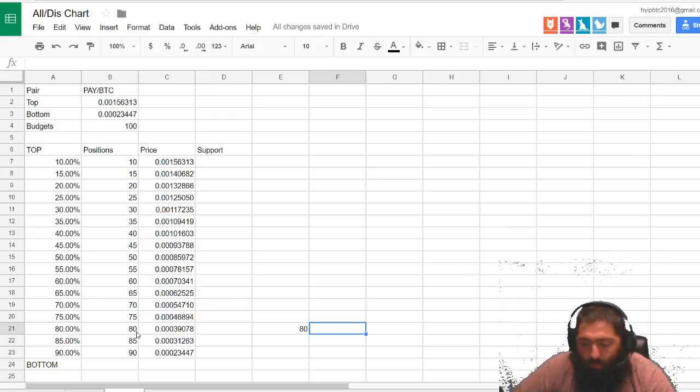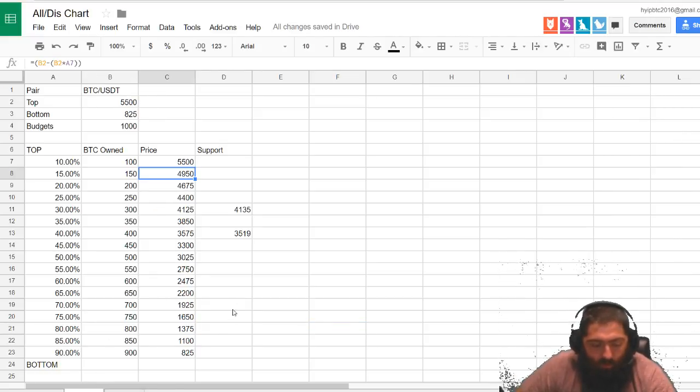You want to plan the bottom for what you think the bottom is going to be, Jan. I mean, heck, if that's the case, the bottom could be a penny. But plan for what you think the bottom will be. Because over here on sheet 1, I don't think the bottom will ever hit $1,000.